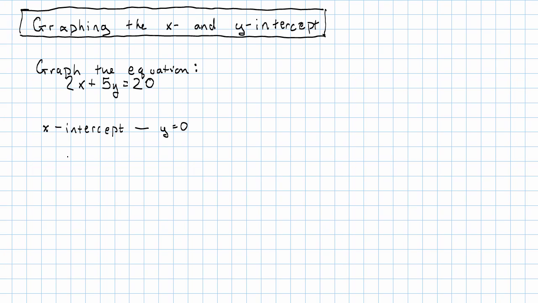So we'll have 2x plus 5 times 0 is 20. 5 times 0 is just 0. So we just have 2x equals 20. Multiply both sides by a half, and we get x is 10. So the x-intercept is going to be the point (10, 0).